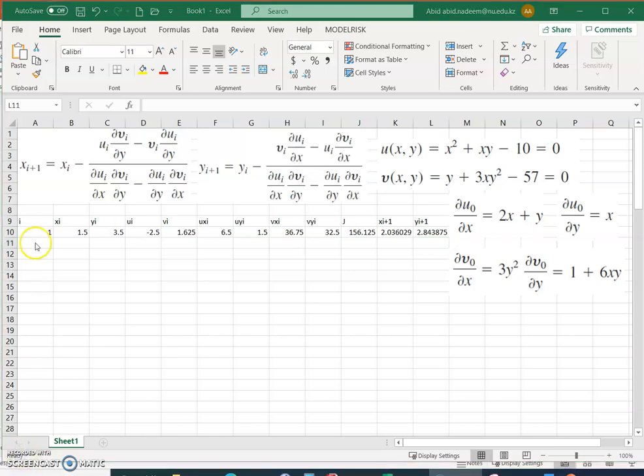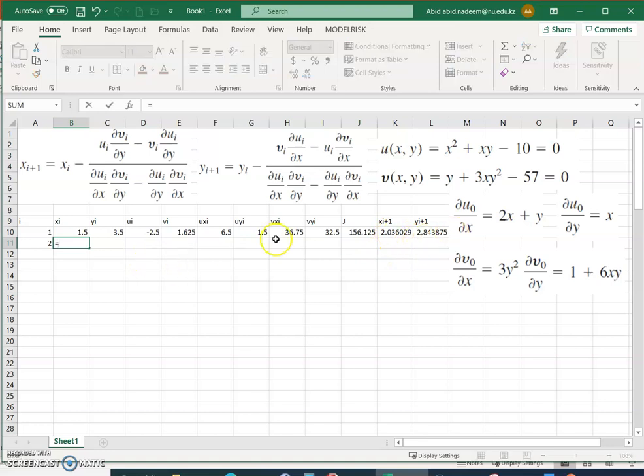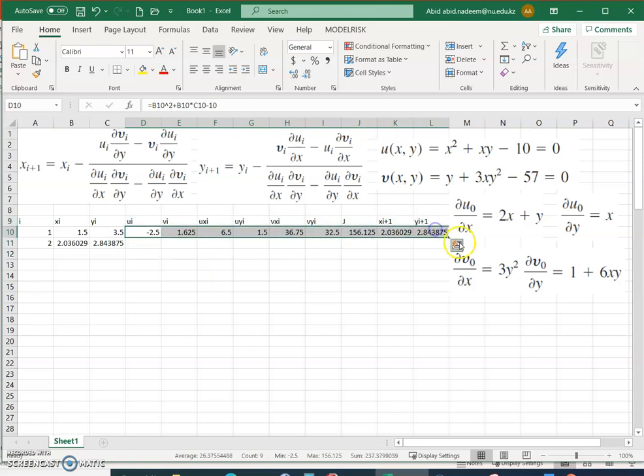For the second iteration, we can set the values which we calculated in the previous iteration: equal to this, equal to this, and for yi this is the value we can set. And now I can repeat these calculations.